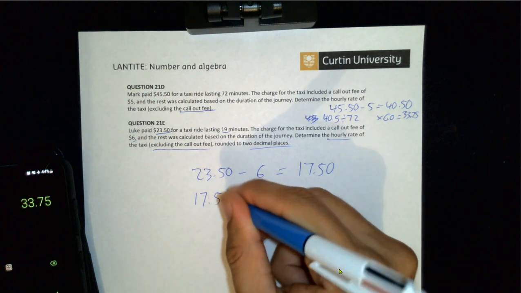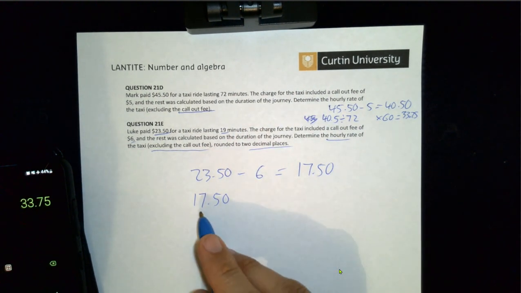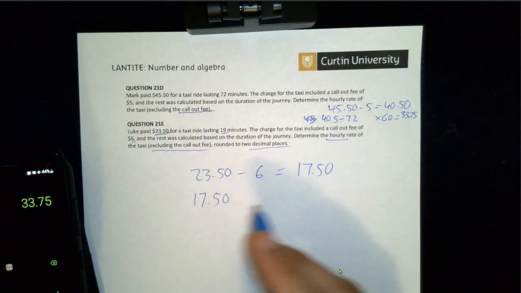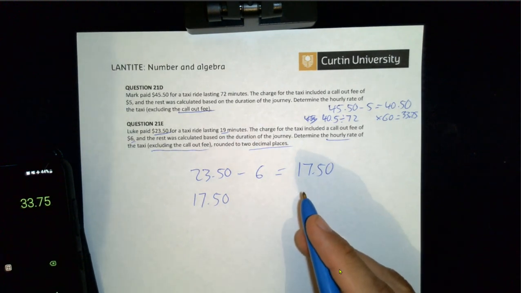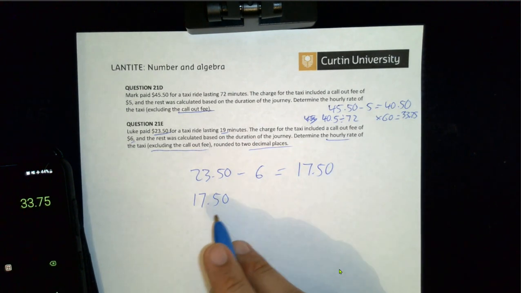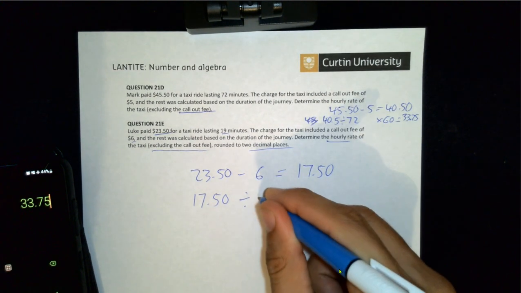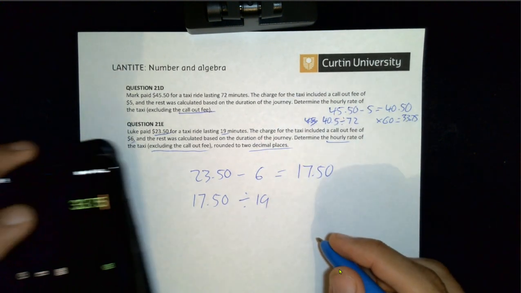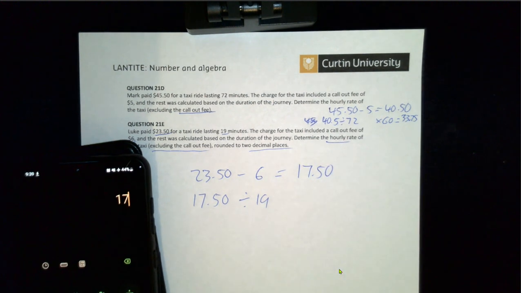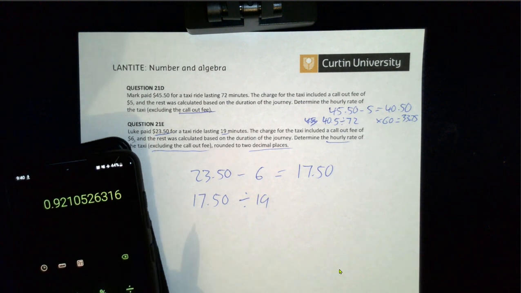$17.50 in 19 minutes, as you can tell, $17.50 and 19, they're fairly close. If it was 19 and 19, then it's $1 a minute, $60 an hour. We know that this should be just less than $60 an hour. $17.50 divided by 19. That's our dollars per minute.